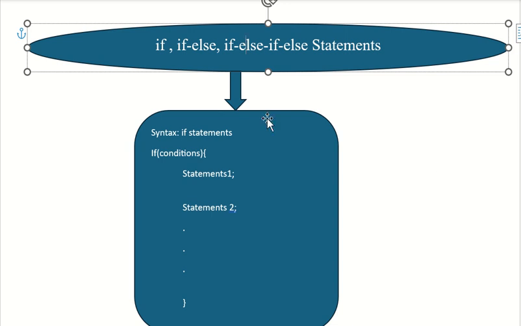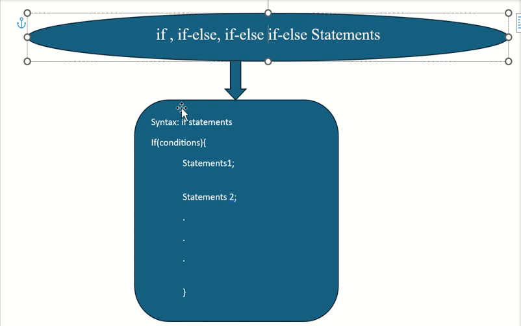Here I have mentioned if, then if else, and else if. The first is the if statement, the second is the if else statement, and the third is if, else if, and else, where we use three statements in one program. So first, what is the syntax?